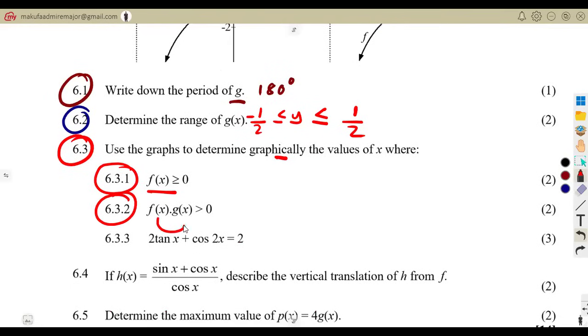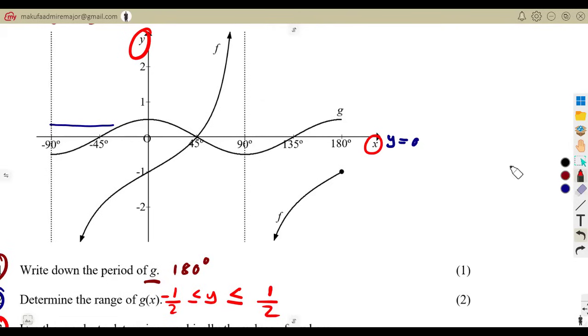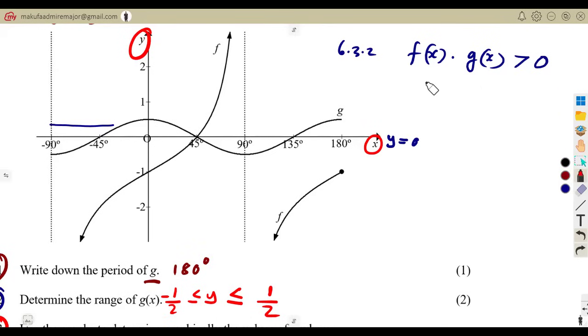6.32, where we have f of x times g of x greater than 0. What does it mean when you are given something like this? The product of f of x and g of x to be greater than 0, it means either the two are negative.